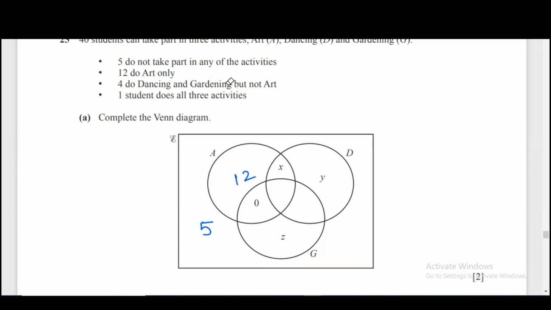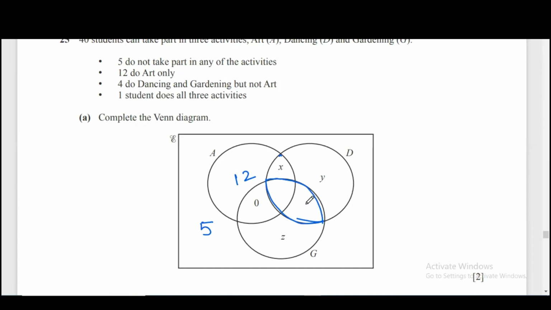4 do dancing and gardening, but not art. This is the region for dancing and gardening. This region is dancing, gardening, and art, and this region is dancing, gardening, but not art.